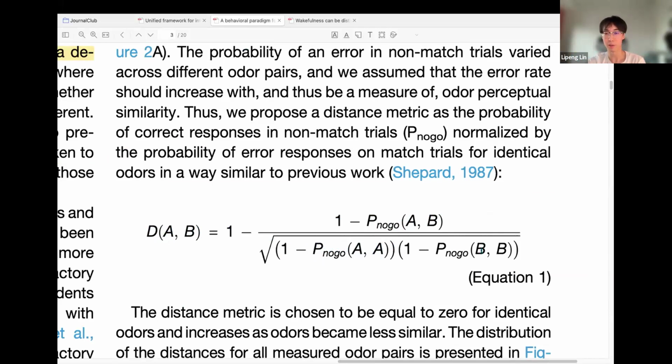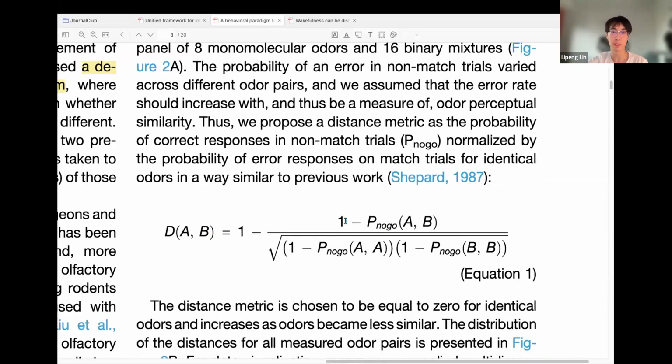For B and B, also the same stimuli, 1 minus 0 equals 0. And A and B, they are very similar. Presumably, they are identical, it is also 1 here. So 1 minus 1 gives a distance of 0, which means A and B overlap in a perceptual space.